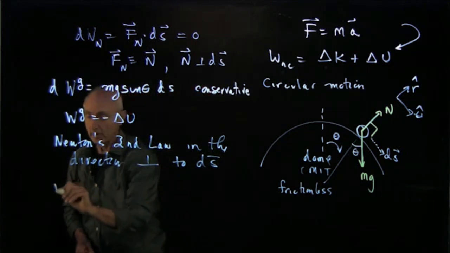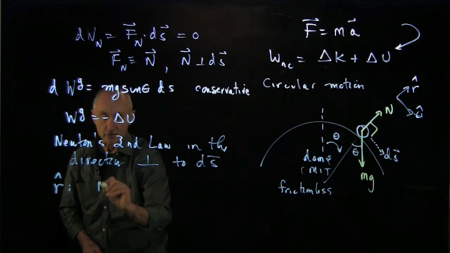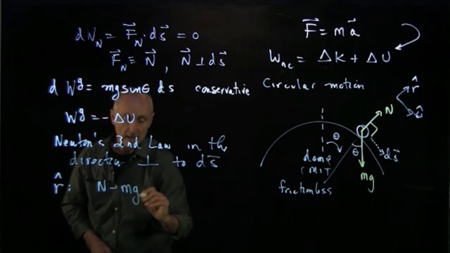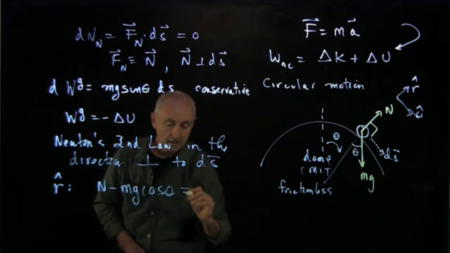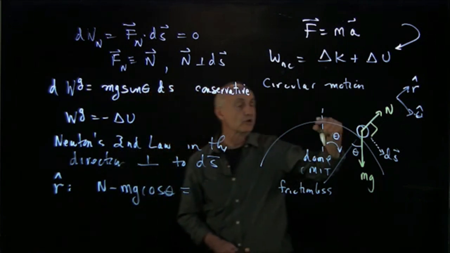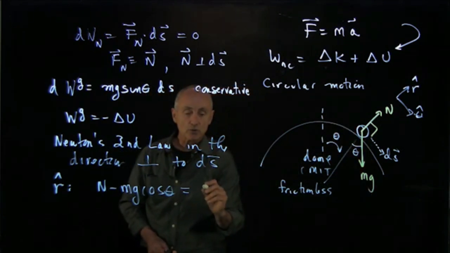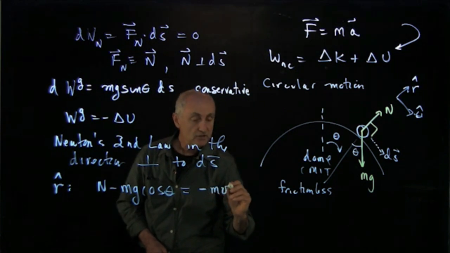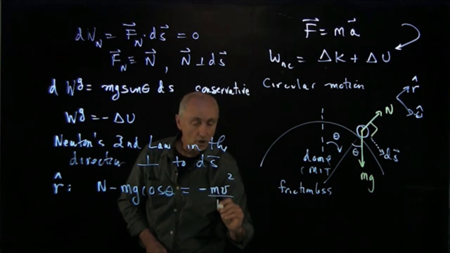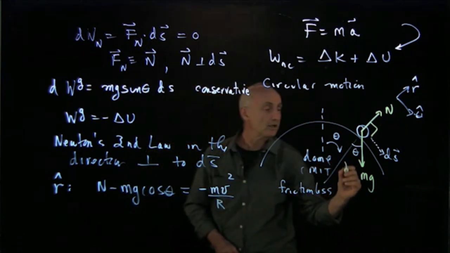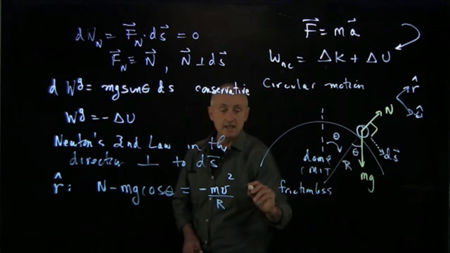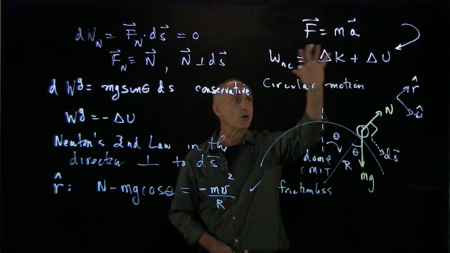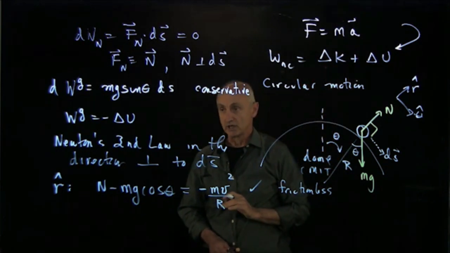In the r hat direction, we have a normal force minus mg cosine theta, and the object is undergoing circular motion, so it's equal to minus m v squared over r, where r is the radius of the dome. This equation is not at all included in the energy condition.